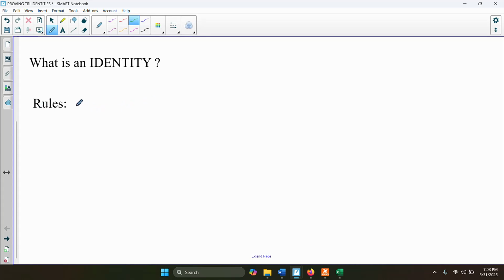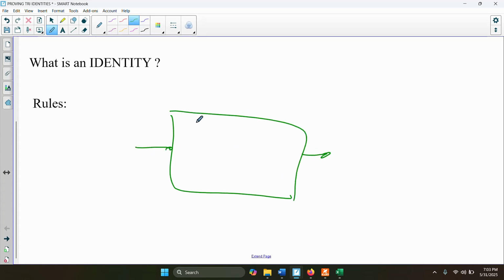When you look at it and you see certain kinds of things, your mind should go, oh, this is going to require this technique or that technique. This is one of the things I love about solving identities, because you really don't know for a fact. It's like a maze. When you have a maze, you start off over here, this is your entrance and this is your exit, and you really don't know which way to go.